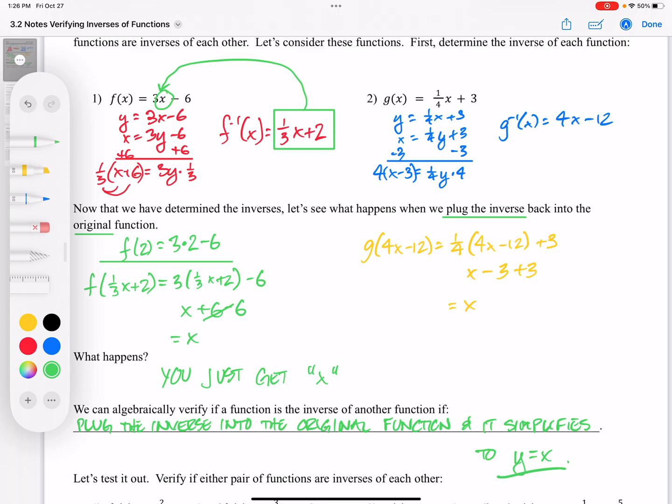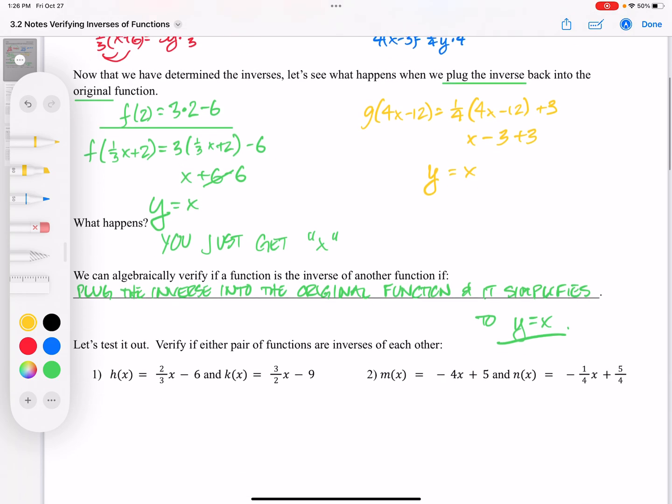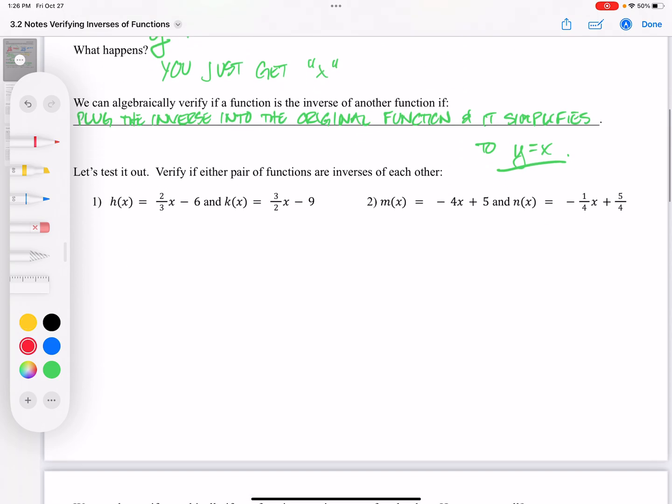All right, so this is y equals x. So I know it's an inverse if I can plug it back in and it gives me y equals x. Let's test it out.